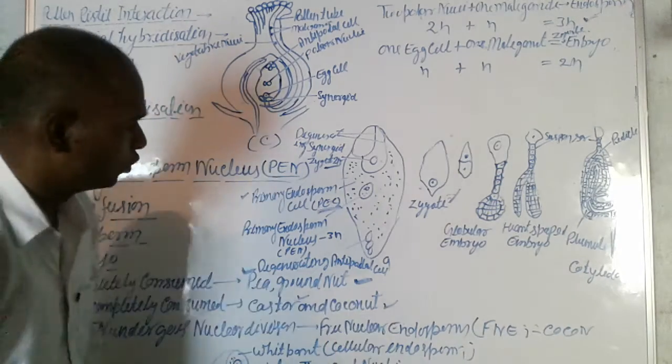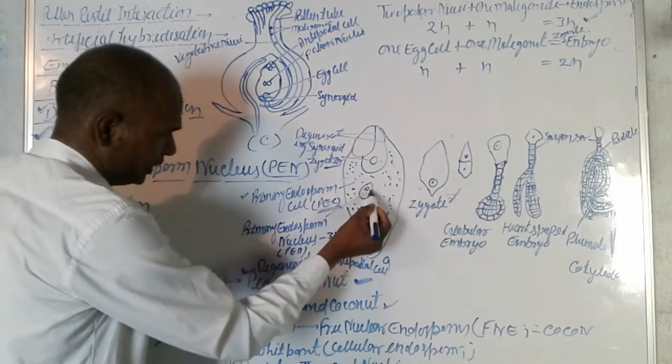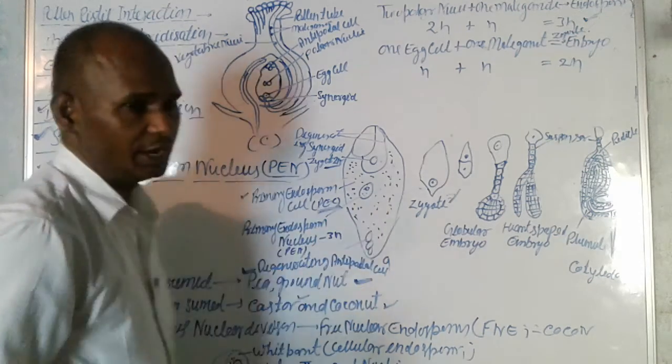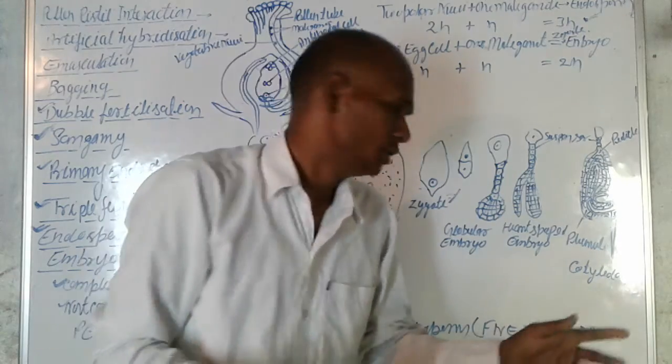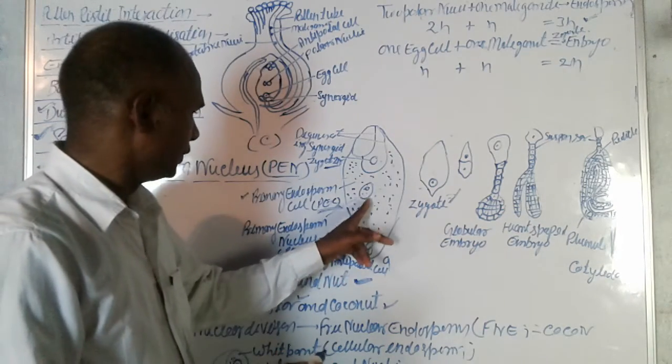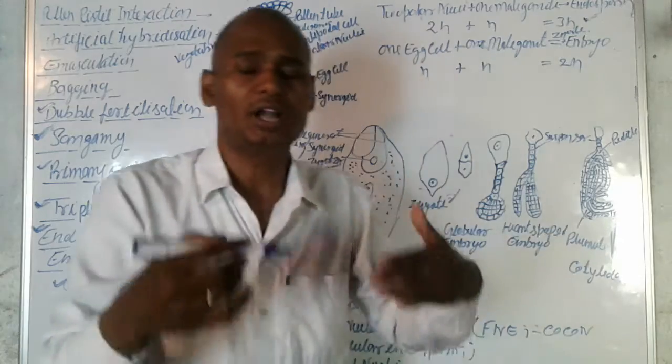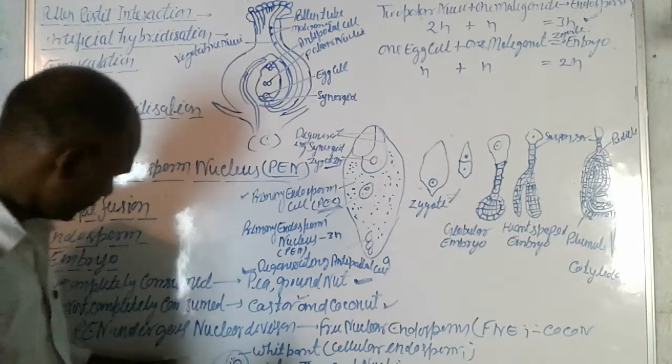Castor and coconut. This nucleus divides in a large amount, in thousands.